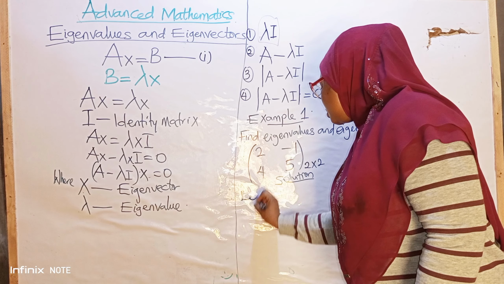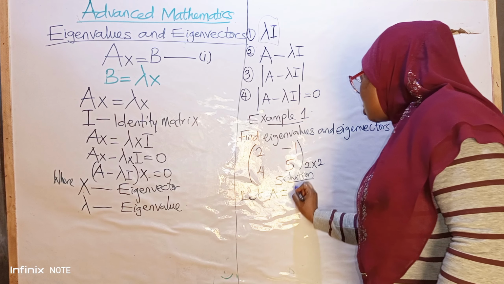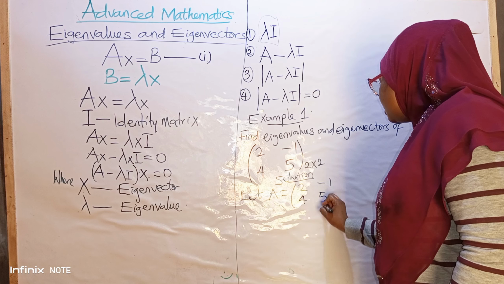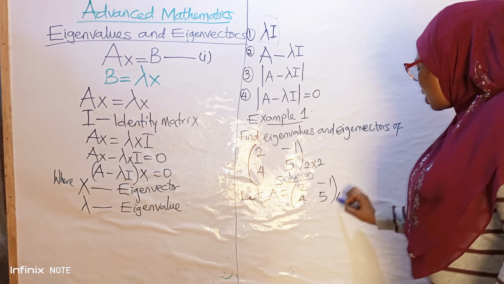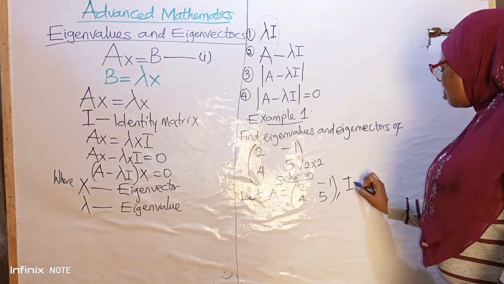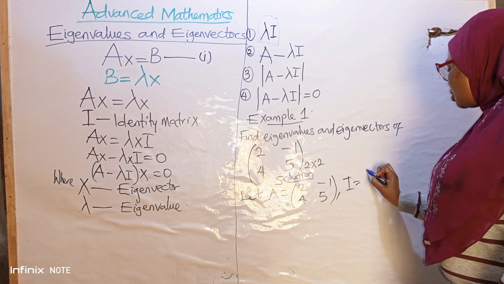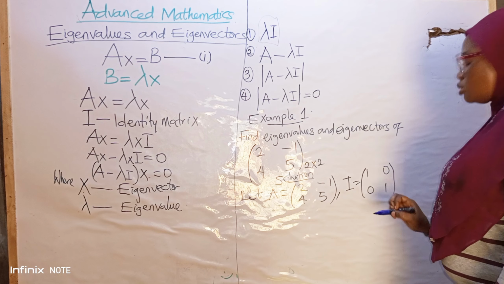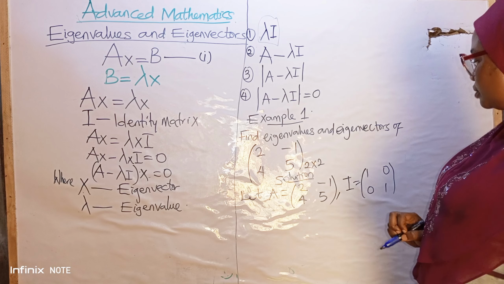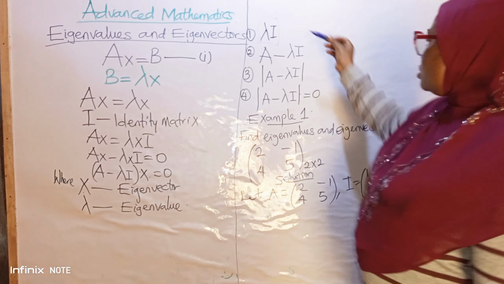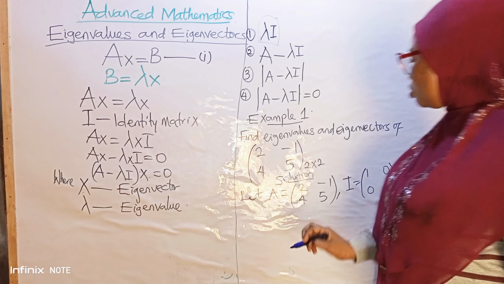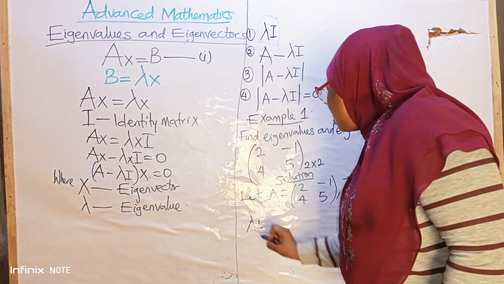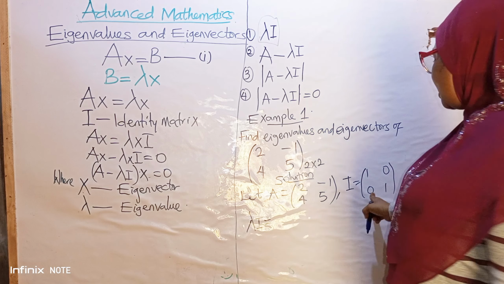So, let A be equal to 2, minus 1, 4, 5. That means our identity matrix is going to be 1, 0, 0, 1. It's also a 2 by 2 matrix. Now I told you that the first step is that you multiply lambda, the eigenvalue, by the identity matrix.